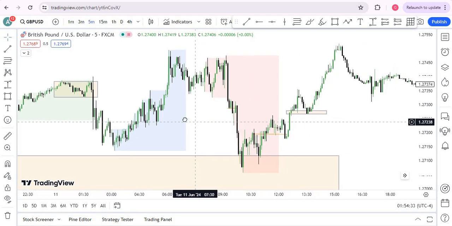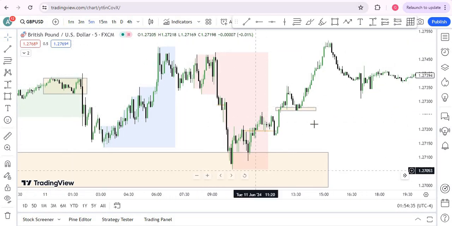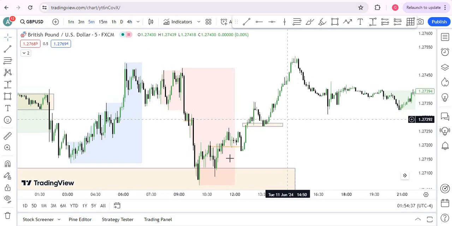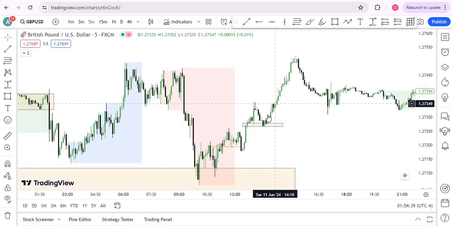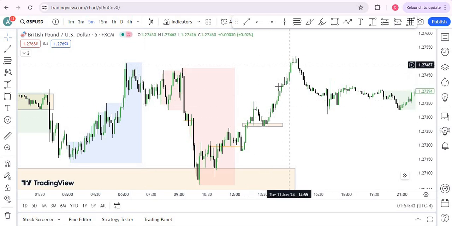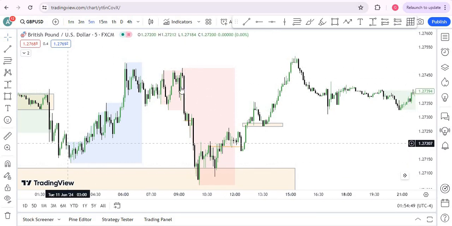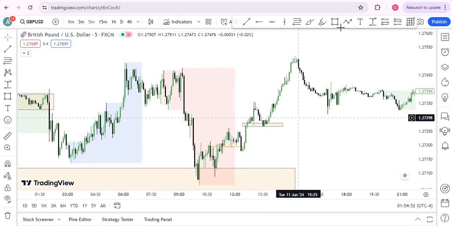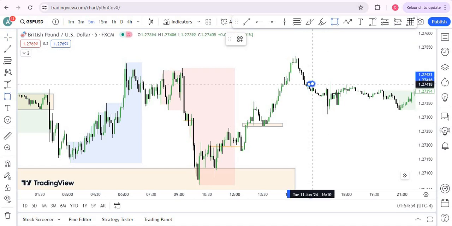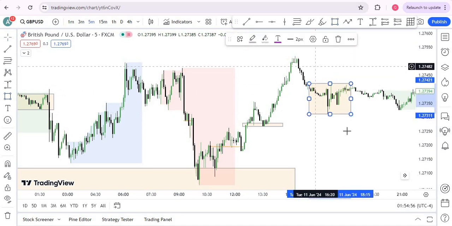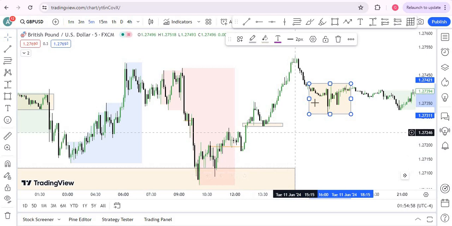Now I will tell you where you will find this type of setup. Let's suppose this leg is a daily leg, each candle being daily, not 5 minute. When you see these types of candles, maybe you will not find these setups, market maker buy and sell. But if you see some sort of consolidation or pause in the price action, you will find this type of setup.